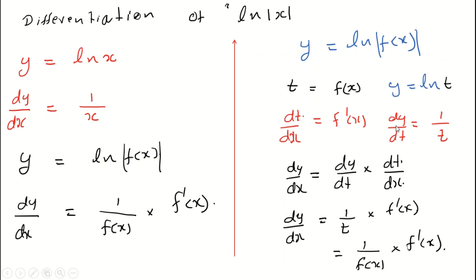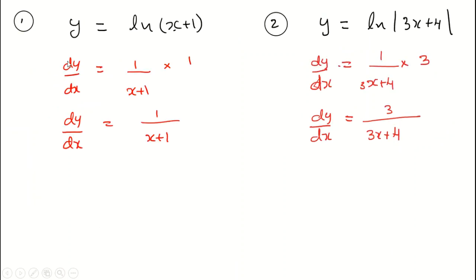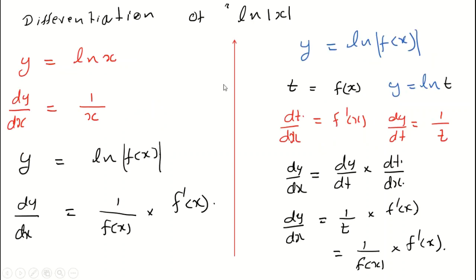Next we will move on to the differentiation of ln x. This is a logarithmic function to the base e. If y is equal to ln x, then the differentiation of this is dy over dx equals 1 over x.